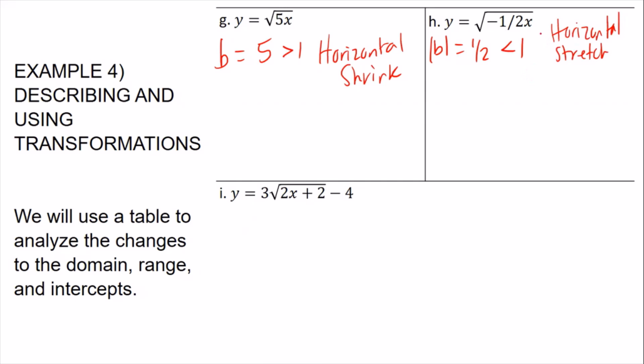So not only did it horizontally stretch, but it also reflected, right? So we stretched and we reflect. It's always the opposite. So if the negative is with x, then it's going to reflect over the y. If the negative is with the y, it's going to reflect over the x. So in this case, our negative is with the x, so it's a reflection over the opposite, over the y.